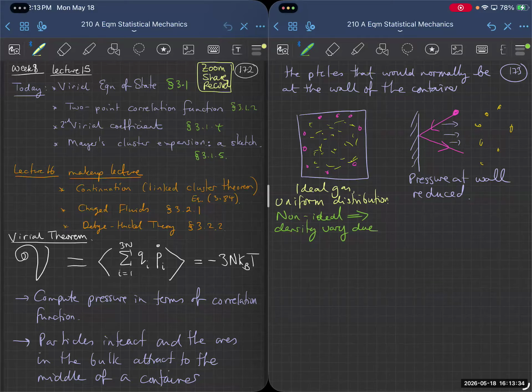Well, that's not really a very good statement, is it? The density near the wall is reduced by the long range attractions.